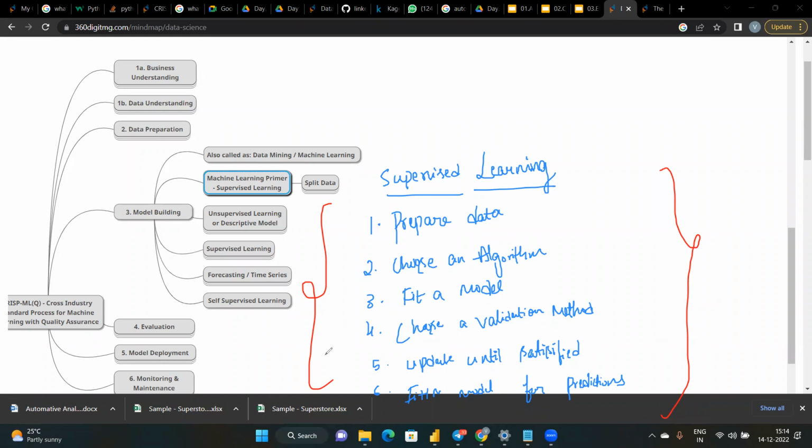Guys, supervised learning is also called supervised machine learning, and it is a subcategory of machine learning and artificial intelligence. I'm just giving a recap of what I have taught you about supervised learning. It is defined by labeled data sets, guys, which have input and output.